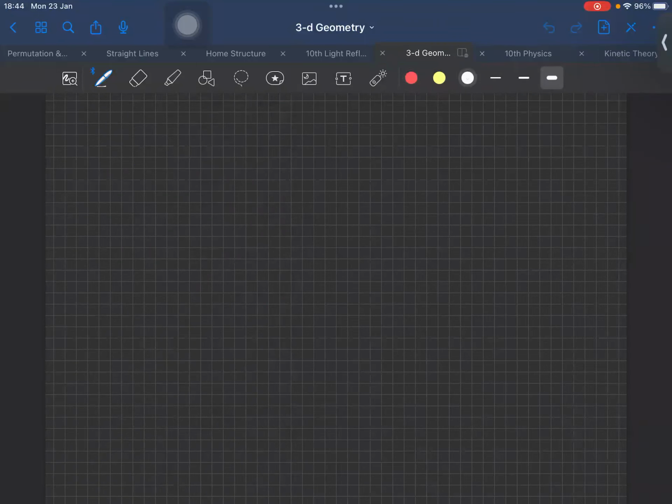Exercise 12.2. Any problem at all? Please tell me. Question number 3 we had discussed. See question number 4, what it says. You are given two points, A and B, and their coordinates are given. Now you have to find a point, let's say P, with coordinate x naught, y naught, z naught.